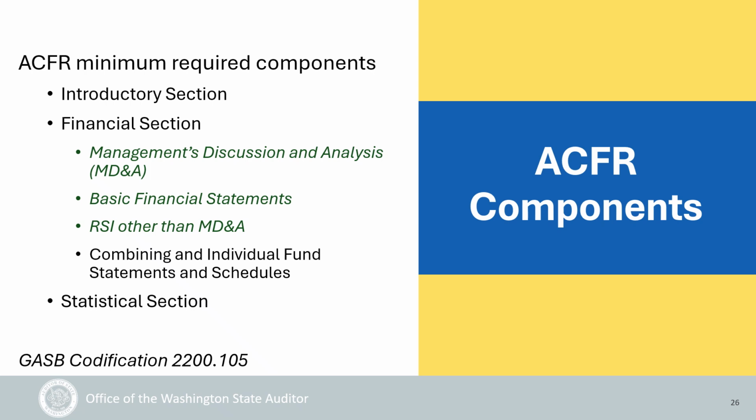GASB Codification 2200, paragraph 105 lists all the specific requirements of the ACFR. You'll note here that the financial section includes 3 components that we have already talked about. The ACFR builds on the minimum required financial statements.